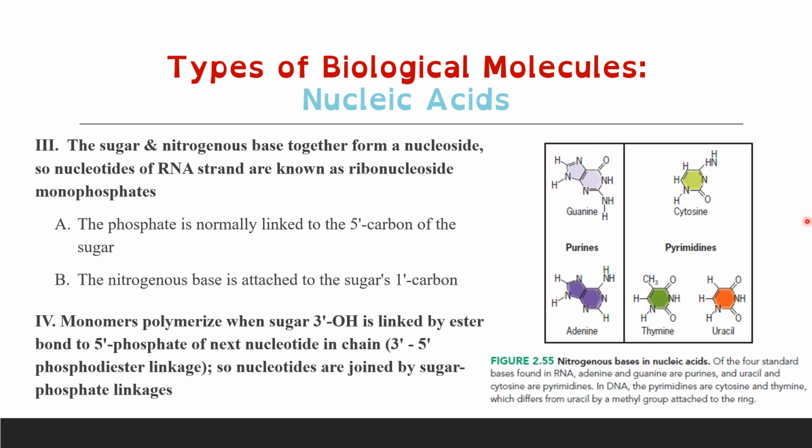In this image that you see here, you will see the different nitrogenous bases in nucleic acids. For purines, you have guanine and adenine, and for pyrimidines, you have cytosine and thymine. But if thymine undergoes the transcription process, it will become your uracil.